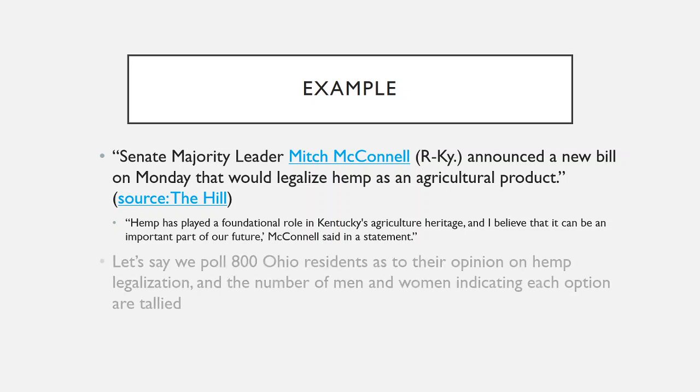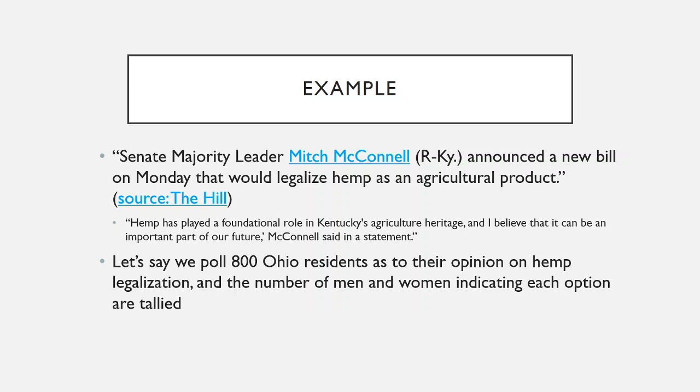All right, so in my example, let's say we set out to poll 800 Ohio residents on their opinion on hemp legalization. Let's say I was interested in whether or not there were gender breakdowns on opinion towards hemp legalization.